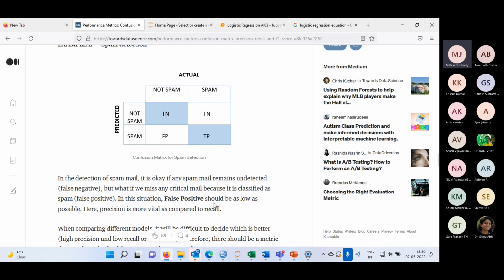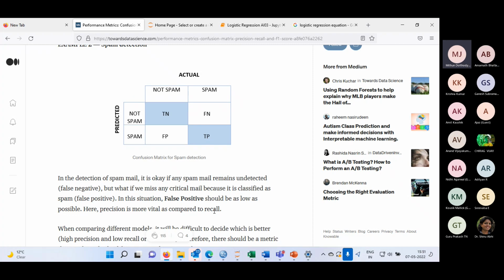In this situation, false positives should be as low as possible. Here, precision is more vital compared to recall. So if you want the false positives to be low, look at precision. Is this understood, guys?